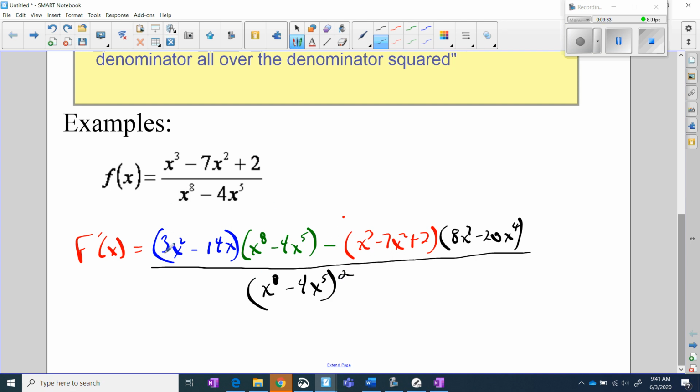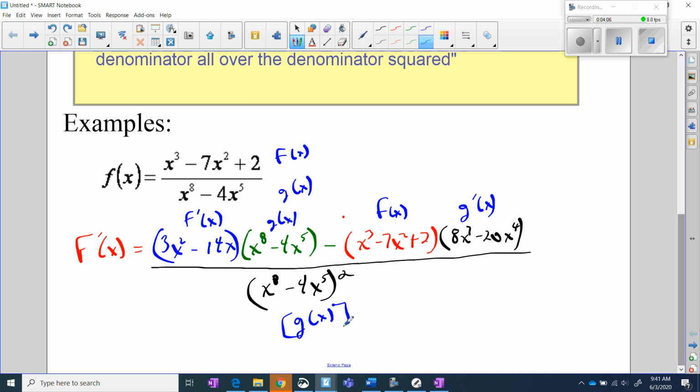Let me refresh what I just did here. I did the derivative of the numerator multiplied by the denominator. With that original notation, this would be your f of x, and this would be your g of x. So this is f prime of x, the derivative of the numerator, multiplied by the denominator, subtract the numerator multiplied by the derivative of the denominator, g prime of x, and then everything is over the denominator squared.